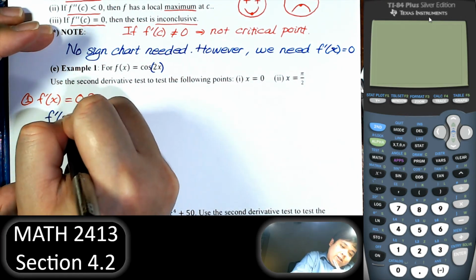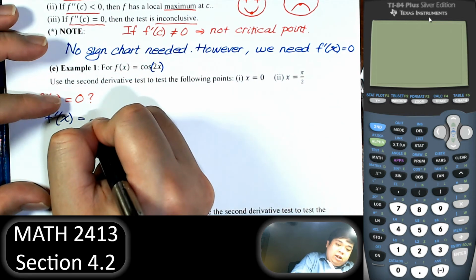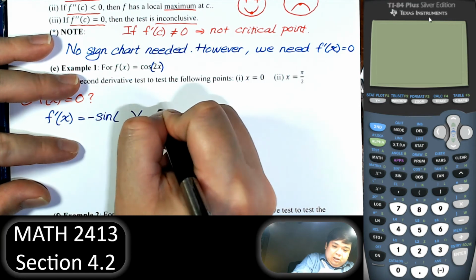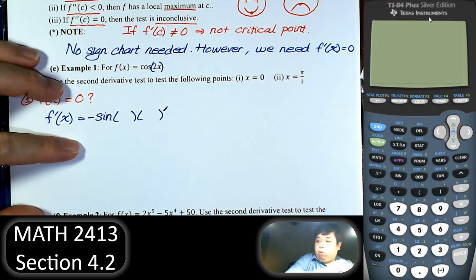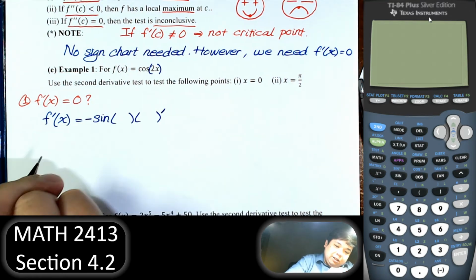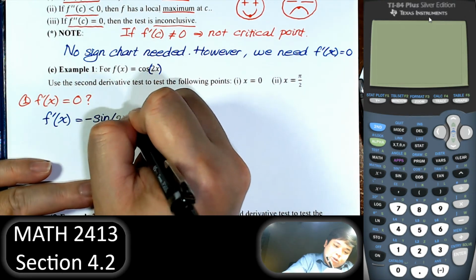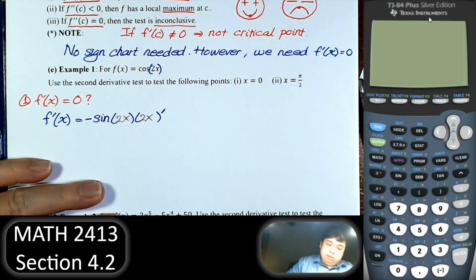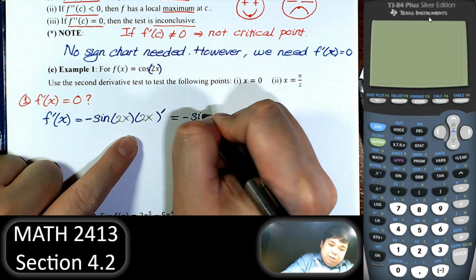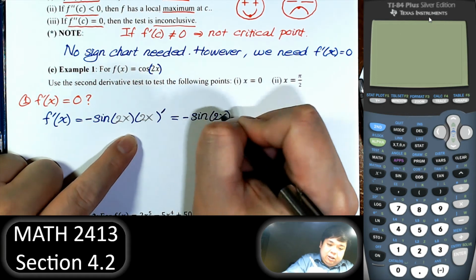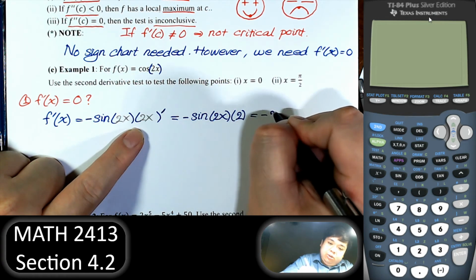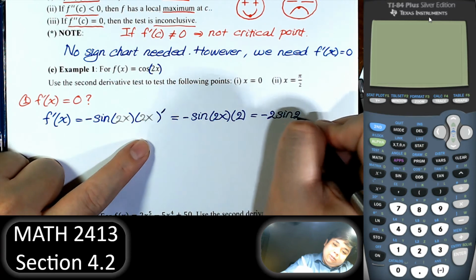The derivative of cosine of something is negative sine of that, and then the derivative of the parentheses. Put 2x here, so that gives us negative sine of 2x, and then the derivative of 2x is 2. So that gives us negative 2 sine of 2x.